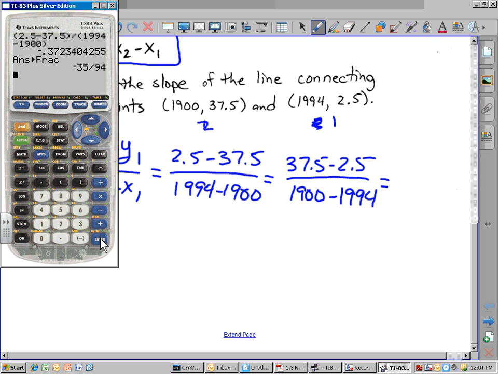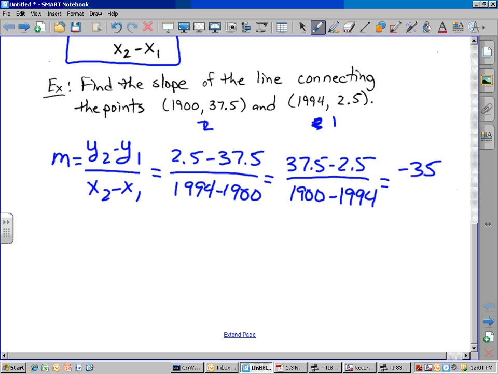You were right, negative 35 over 94. That's the slope. The rise, or in this case the drop, vertical drop of negative 35 and a horizontal run of 94. So go down, right. Slope down from left to right. Any questions on slope?